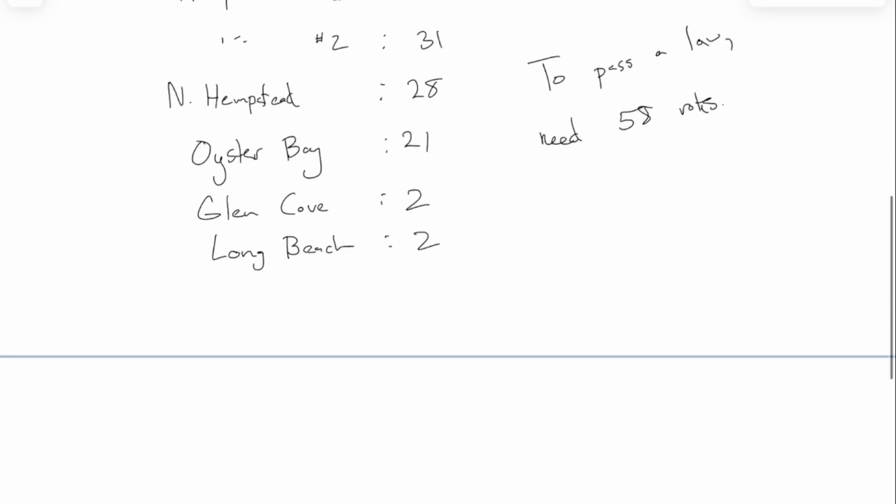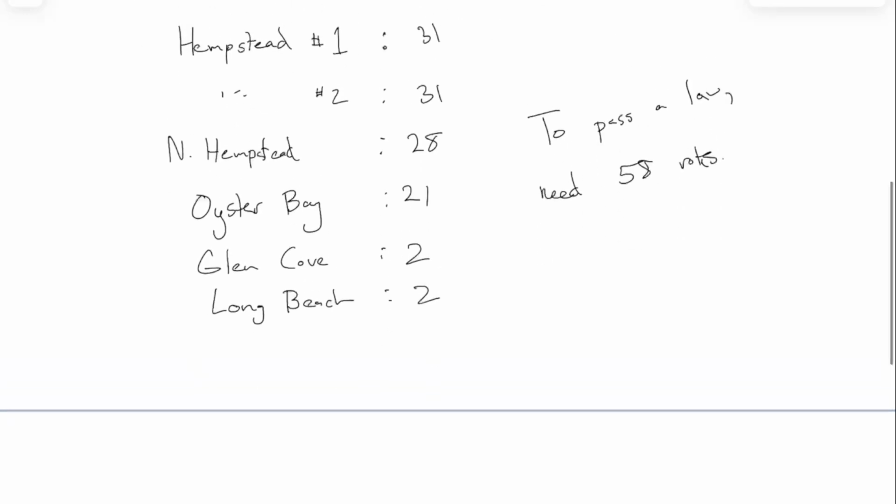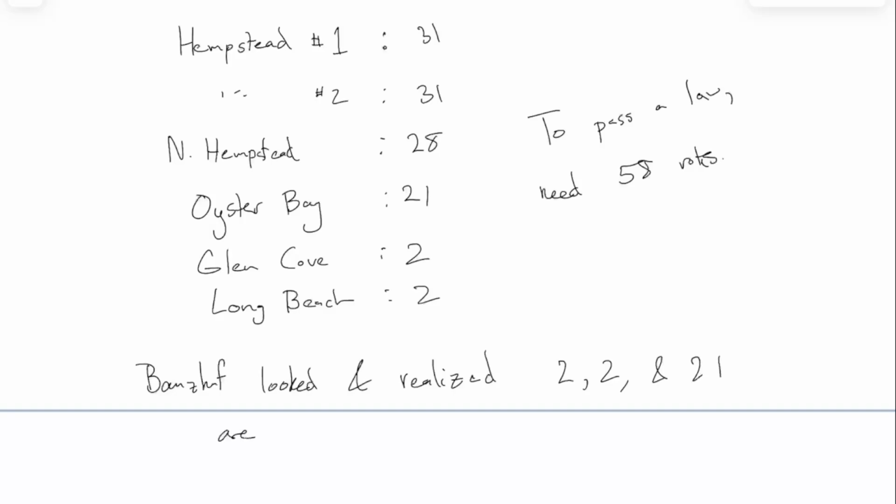So Banzhaf, my boy Banzhaf, looked at these numbers. Apparently nobody else had really realized this. Banzhaf looked and realized that actually the 2, the 2, and the 21 in this system are all dummies.